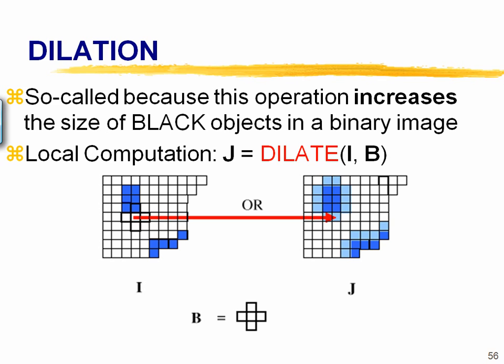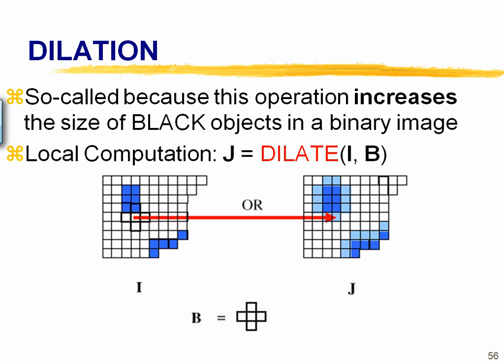If B is square, yes. So let's say B is a square window. That's a square window.